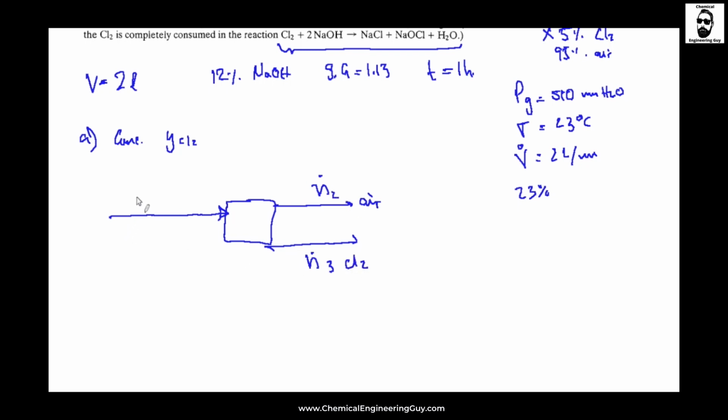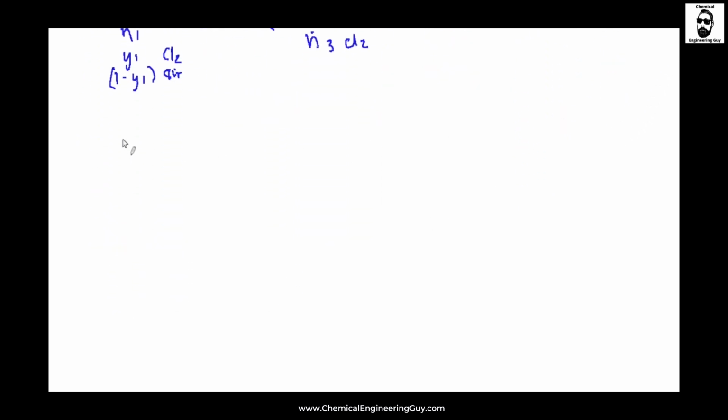You have a volumetric flow of 2 liters per minute at 23 Celsius and 510 millimeters of H2O. You have N1; well, you don't have it, but you know it is there. N1 times (1 minus y) is air, and this is chlorine.